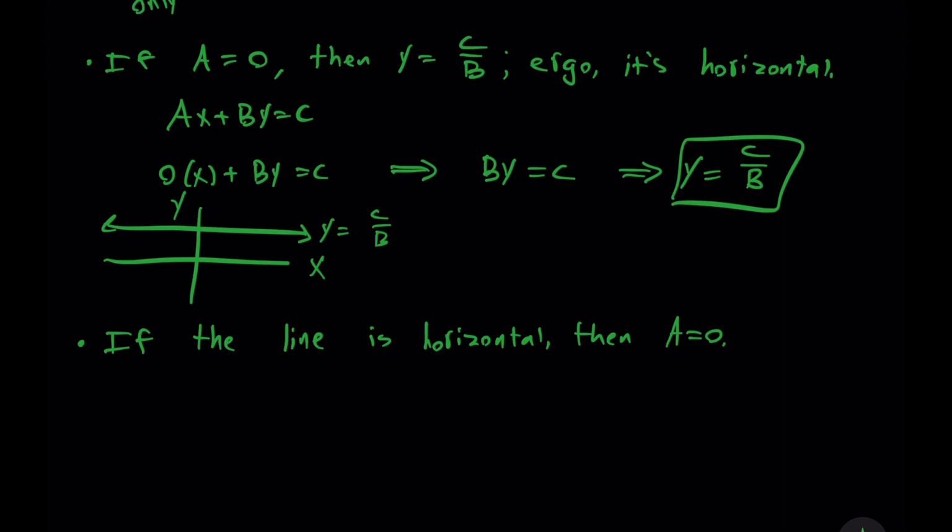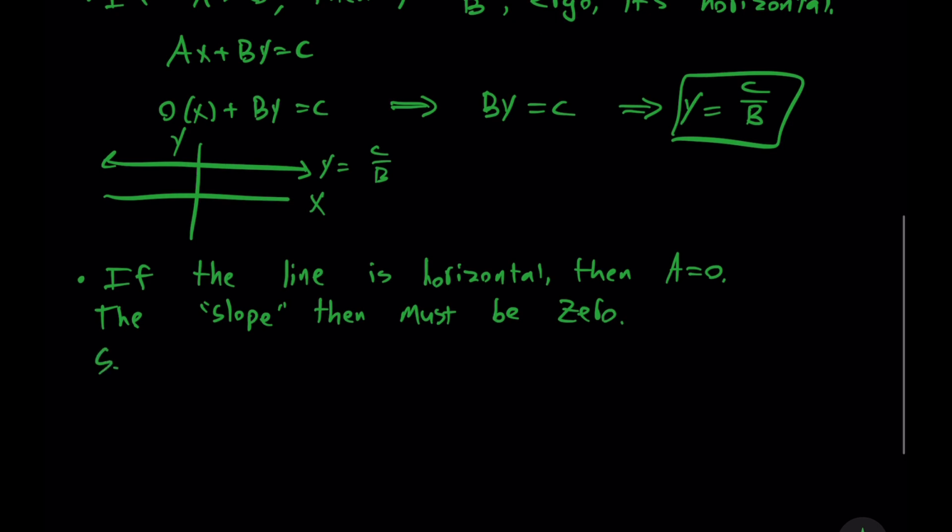We'll note that the slope then must be 0 because we have that horizontal line. So in ax plus by is equal to c, a will equal 0.